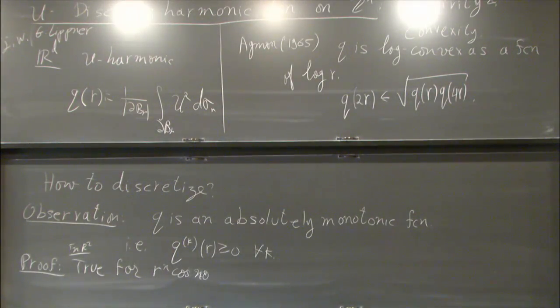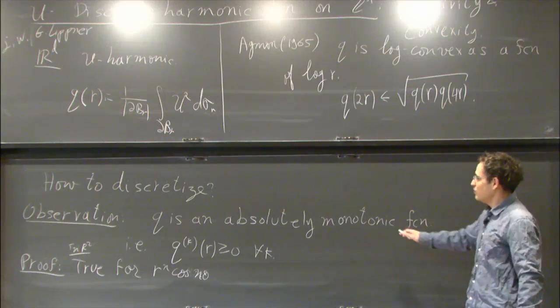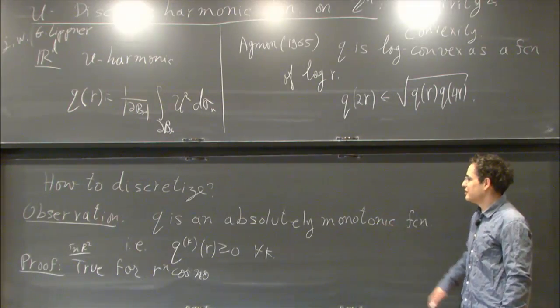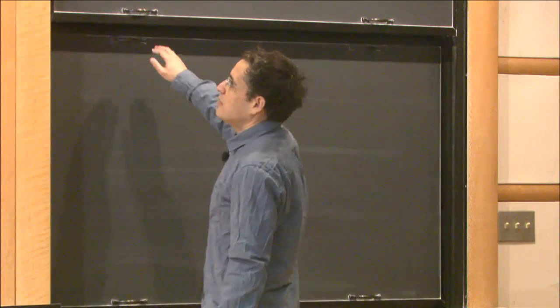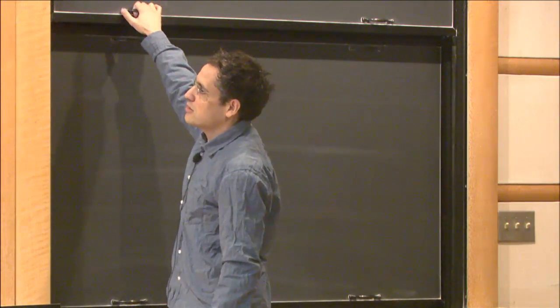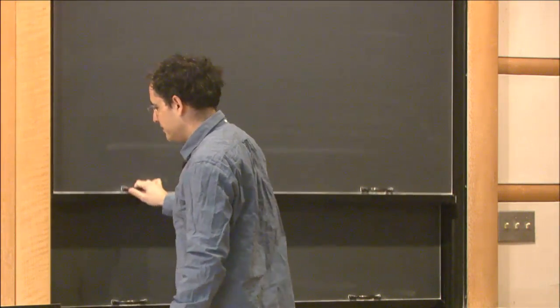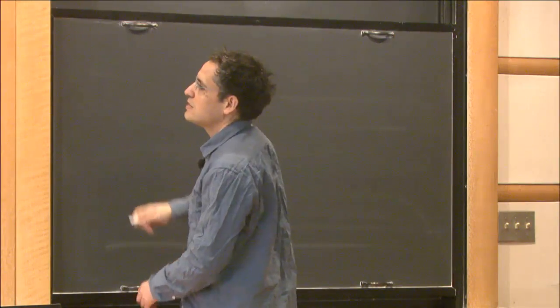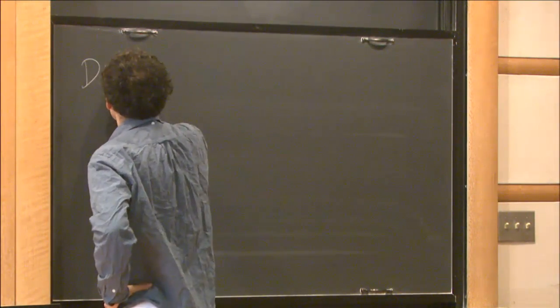And it turns out that if we want to discretize Agmon's theorem, it is much easier to discretize the absolute monotonicity property than directly the three-circle theorem inequality. So now we can discretize.